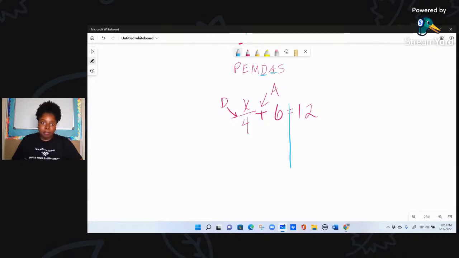So here are the two we have. What are we doing to x? We are dividing by 4. So whatever number x is, we're dividing it by 4 first, and then we are adding 6.